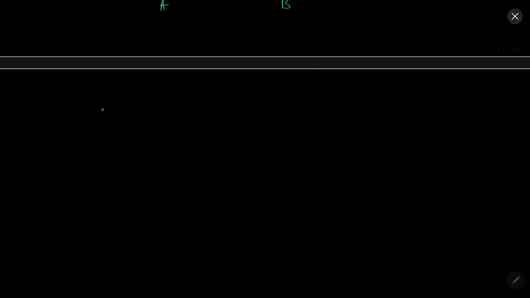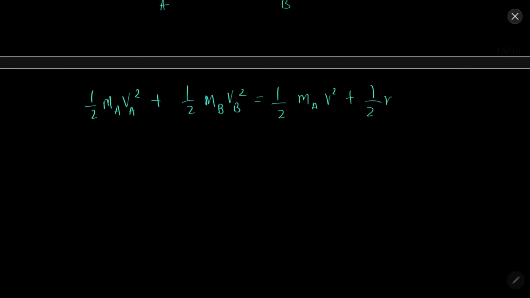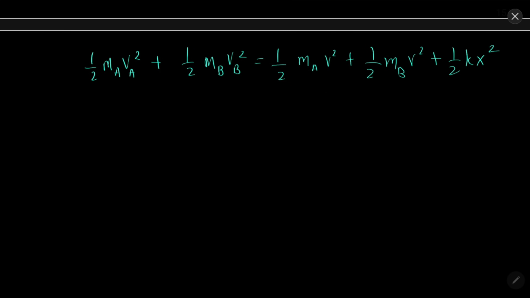Now using conservation of energy, half MA VA square plus half MB VB square equals half MA V square plus half MB V square plus half KX square. Because they will be together, velocity will be the same, and this is spring potential energy because the spring will get compressed. So after solving everything, you will get this equation.